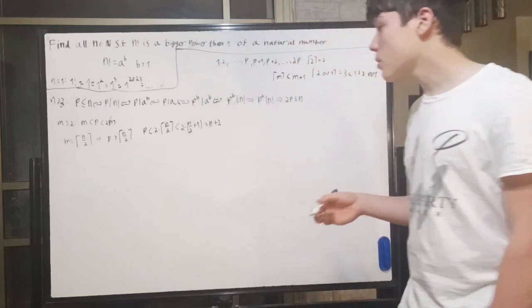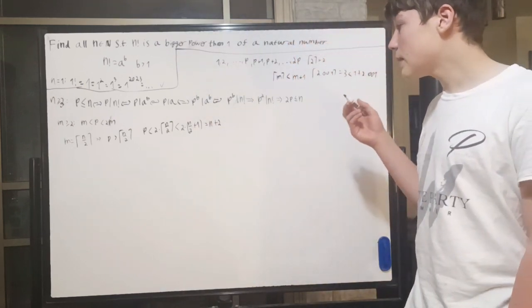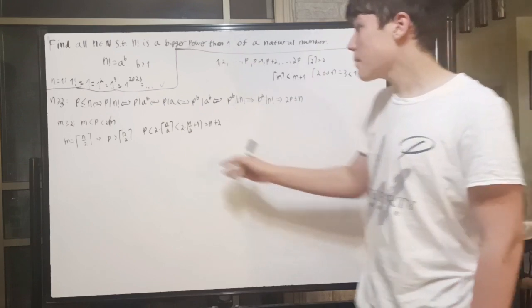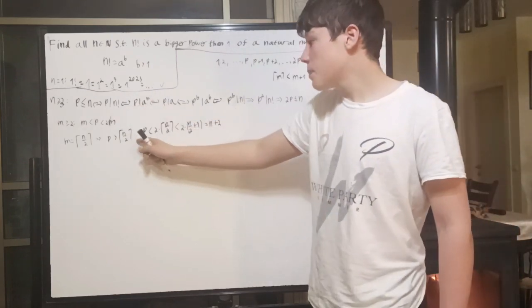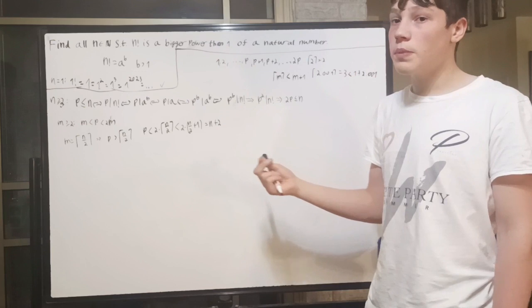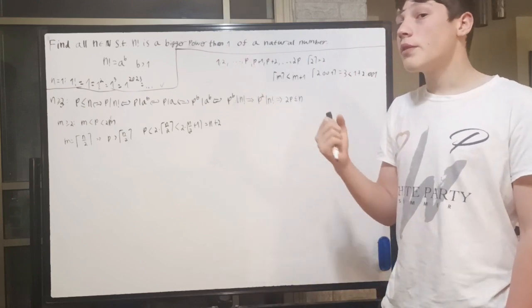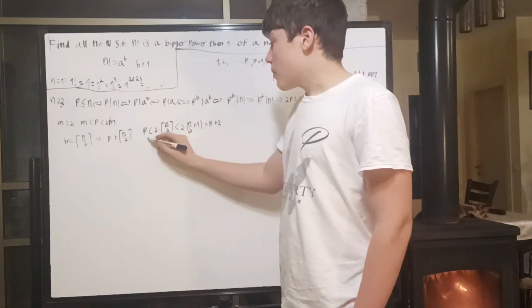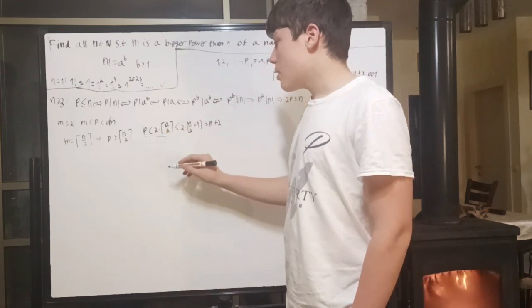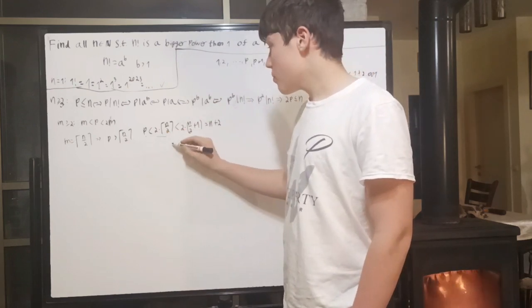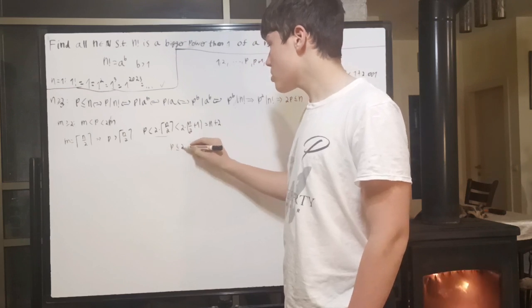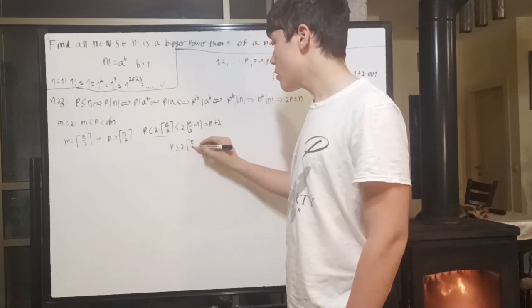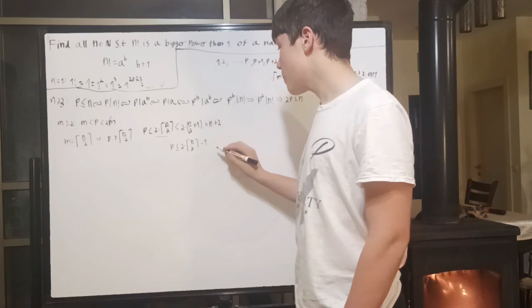So you might be thinking, we're trying to get p smaller than or equal to n. How does p smaller than n plus 2 help us? That means p is smaller than or equal to n plus 1. Well, think again. p is smaller than this number, which is a natural number, which means that p is smaller than or equal to this number minus 1.